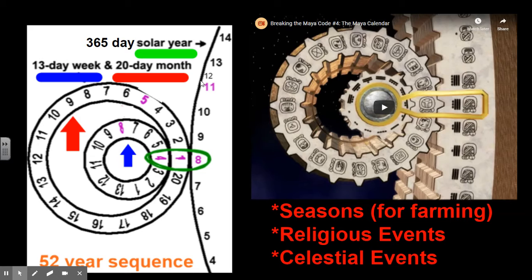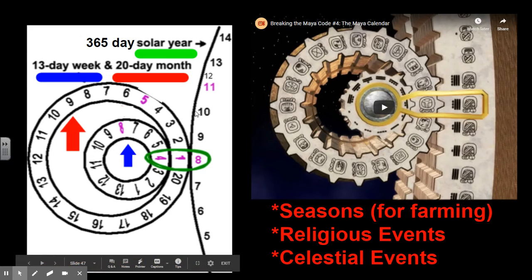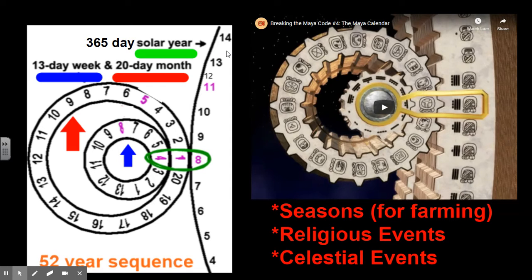And this bigger ring that we said you can't really even see is 365 days. It represents the solar year, just like in our solar year, how 365 days is the approximate amount of time for the Earth to rotate around the sun. Okay, so obviously this number looks pretty familiar to us.